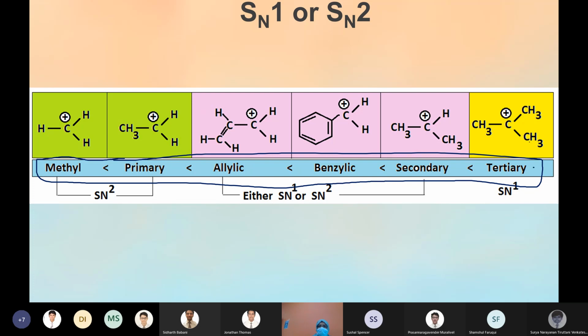And tertiary, you can see it has more bulky groups, more hydrogens, so the carbocation is more stable by hyperconjugation or inductive effect, so surely it is SN1. For allylic, benzylic and secondary, they can either undergo SN1 or SN2 based on what alkyl group is present.